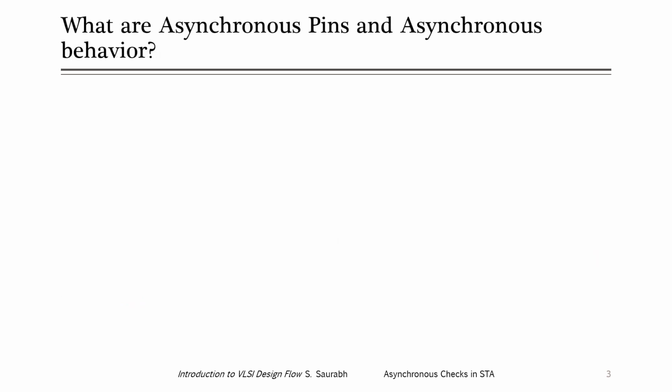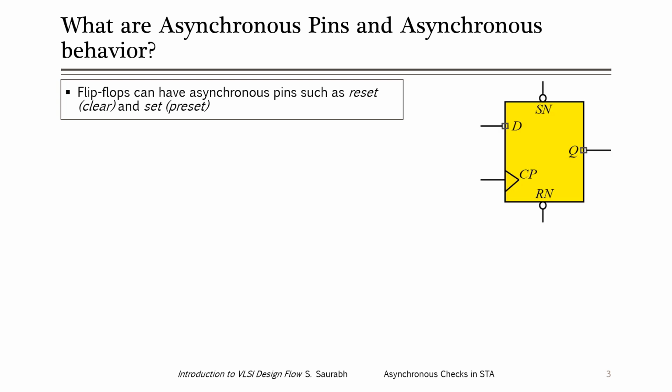Now, let us first understand what are asynchronous pins and asynchronous behavior of a flip-flop. There are certain flip-flops which have some extra pins. Conventionally a D flip-flop has a D pin, a clock pin, and a Q pin.